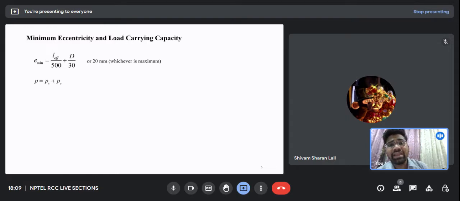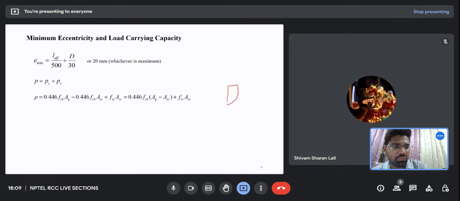Okay. And for this case, if we have a minimum eccentricity, then the load carrying capacity of that column would be the load carried by the concrete plus the load carried by the steel. From where this formula comes, you should be able to guess by now, because the compressive stress diagram which we have seen up to now in the beams was something like this.